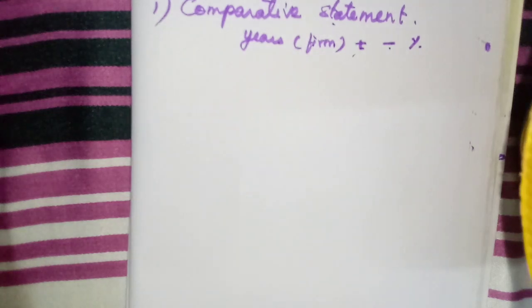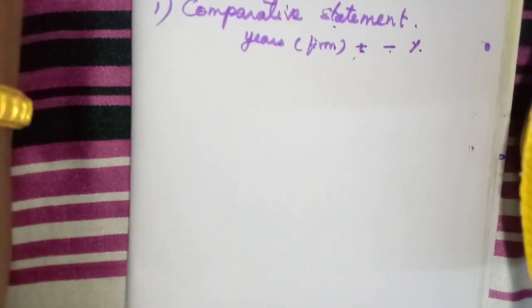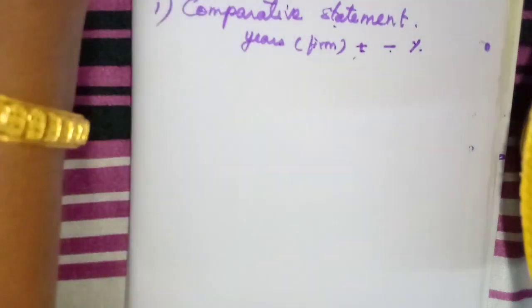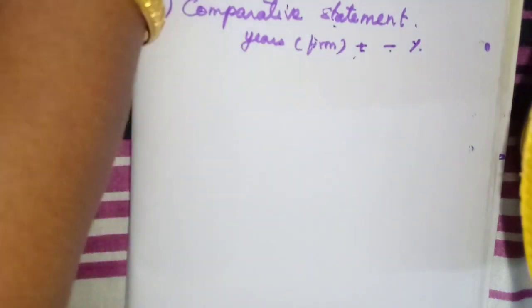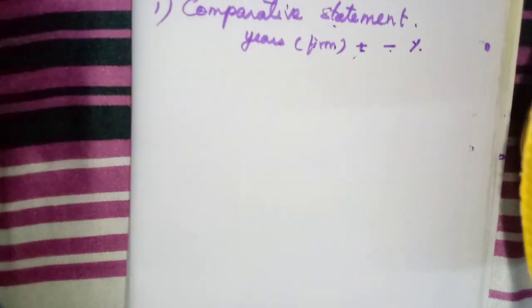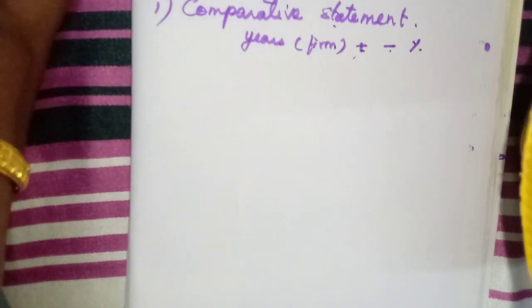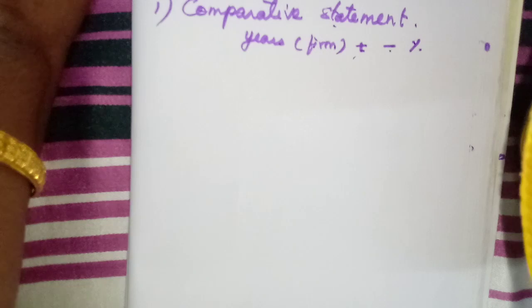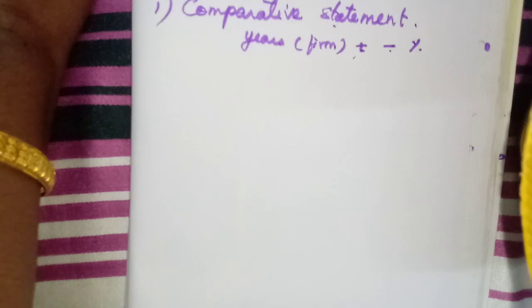First we should know how the income statement will appear. Revenue from operations, add other income, we will get the total income. Then total revenue less expenses is profit before tax. Then less income tax, and the last one is profit after tax.